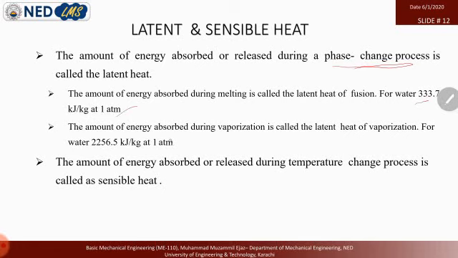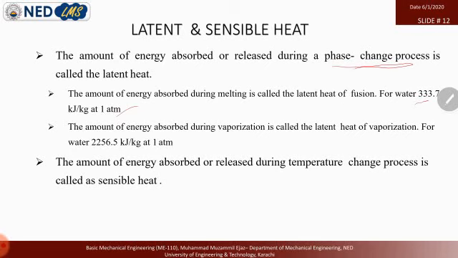And the amount of energy absorbed during vaporization is called latent heat of vaporization. For example, water has 2256.5 kilojoules per kg at 1 atmosphere. So you can see what latent heat is.